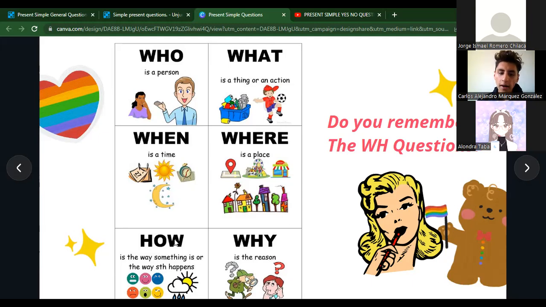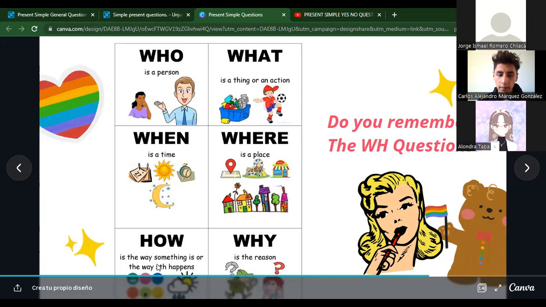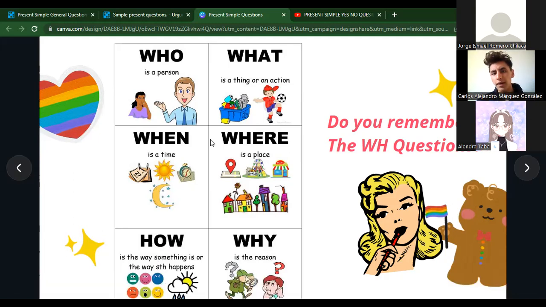We use how to ask about a way. Okay, how, cómo. We use why to ask about a reason. Reason, una razón. Why, por qué. So who, quién, what, qué. When, cuándo, where, dónde, how, cómo, why, por qué.